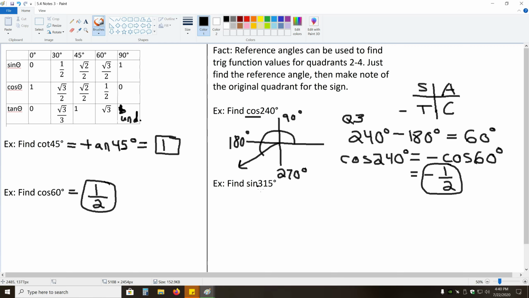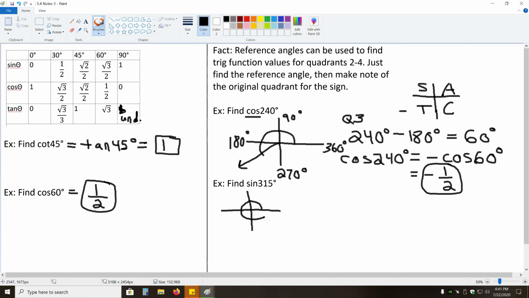I want you to take a moment, pause the video, and see if you can find sine of 315 degrees. Okay, so we're going to go about this the exact same way. We'll graph it first. Remember, this is angle 270. A complete rotation would bring us back to 360 degrees.